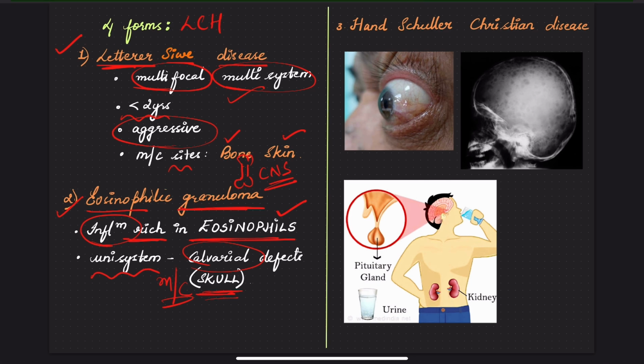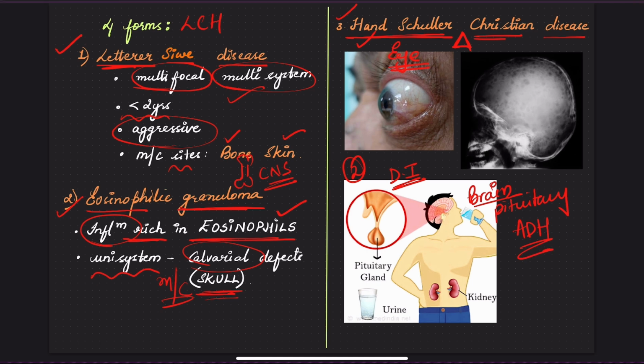The third form is Hand-Schüller-Christian disease. It presents as a triad of exophthalmos, where the eyes are involved, diabetes insipidus, and osteolytic bone lesions of the skull. Diabetes insipidus means there's brain involvement: the pituitary gland is affected, and hence the ADH hormone is not released, which presents as diabetes insipidus.